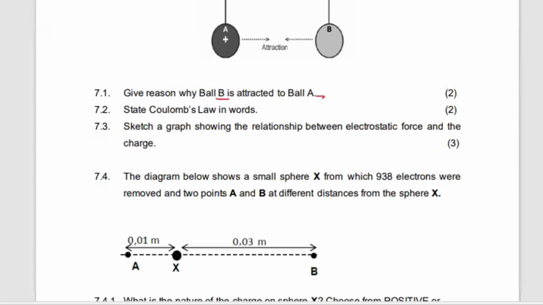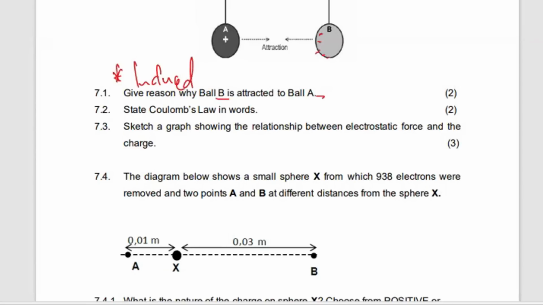But now, for as long as we have a neutral body and then a positively charged one, this question seems to be mixing up things. But in reality, there are going to be what we call induced charges. In other words, there's going to be a negative charge that will be induced closer to A, and this negative induced charge will cause some sort of attraction.